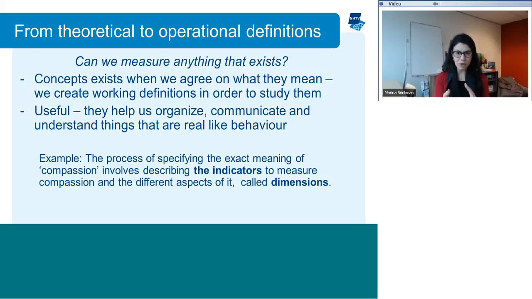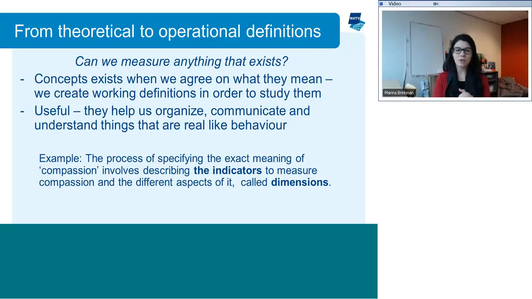So they're very, very useful. The definitions, I mean, but the concepts as well are useful because they help us to understand what we are observing. They help us communicate about one and the same thing. At the same time, they also can cause lots of miscommunication. And examples are coming up in a minute of what exactly you can look at when you describe those concepts.